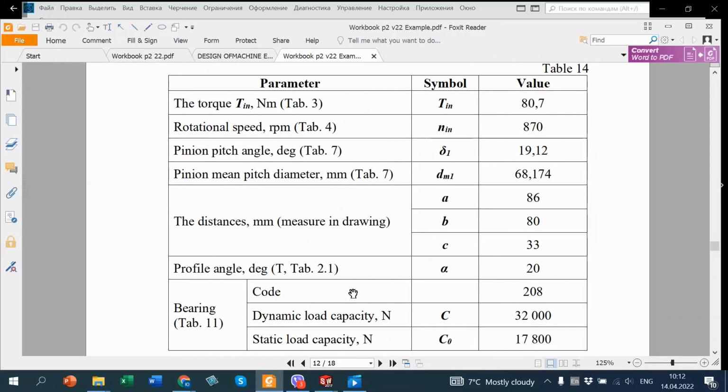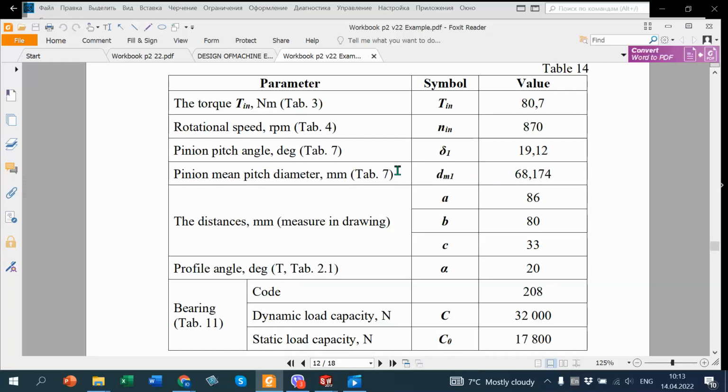So to calculate bearings, we should know some parameters. Torque, it is from table 3, input torque. Rotational speed, pinion pitch angle, table 7, pitch diameter, mean diameter, like this.